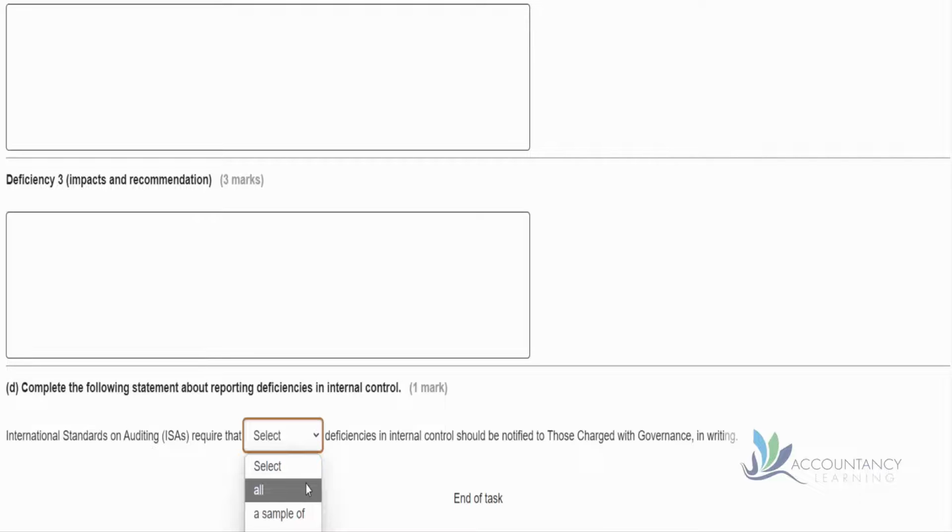There may be some very minor ones that aren't really that much of a problem. Should we tell them about just a sample of deficiencies? So yeah, we found 12 problems and here's 3 of them. That's probably not appropriate either. But if they are significant, the auditing standards require that we tell those charged with governance about the really big problems that we've spotted while we did the audit.